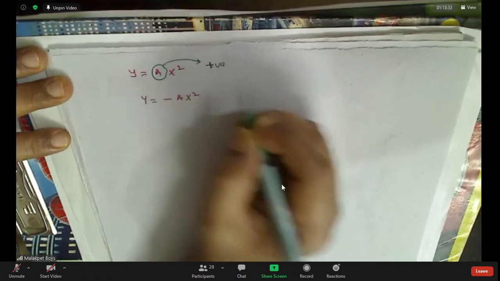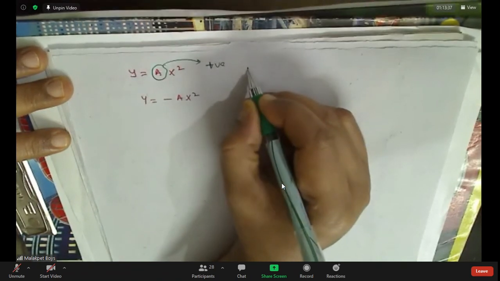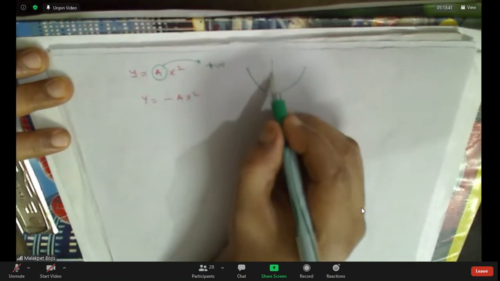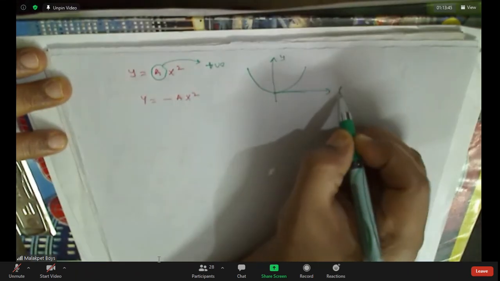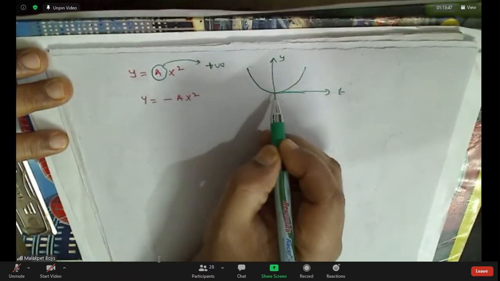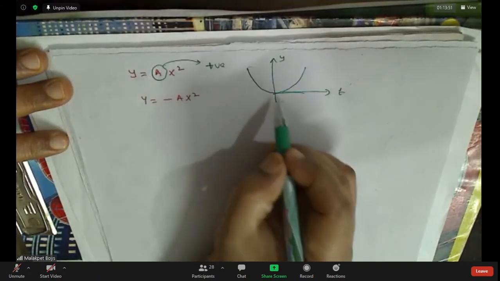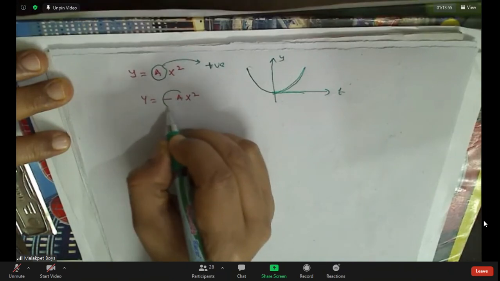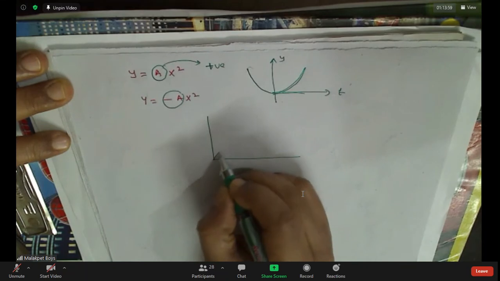The parabola will be of this shape. This is actually the shape of the parabola. We are showing only one part. Why are we showing one part? Because you cannot have negative time, no? Can you have negative time? No, sir. That's why we are showing like this. Now this is negative, no? So the parabola will be in which direction? It will be like this.